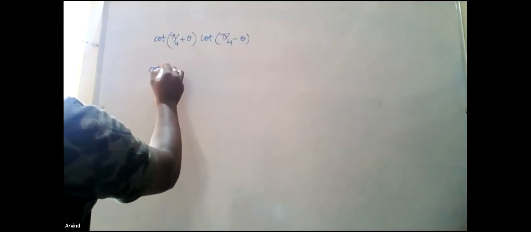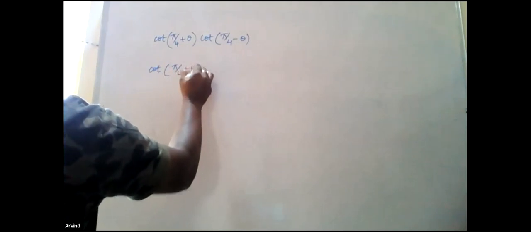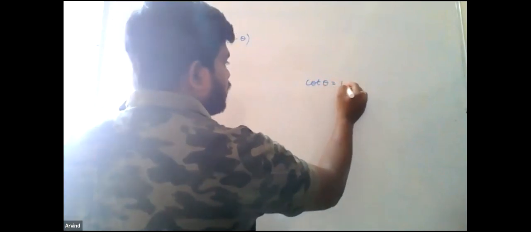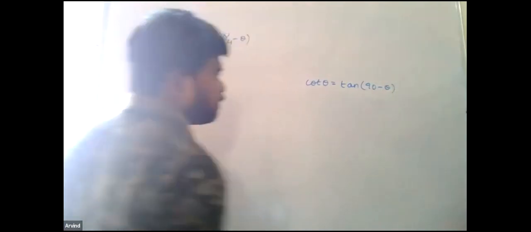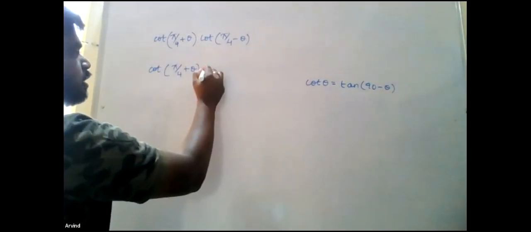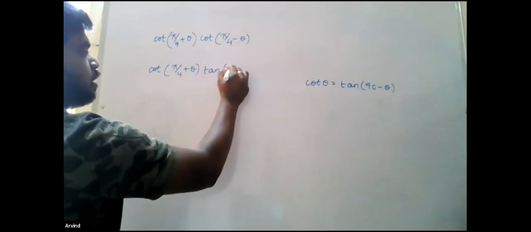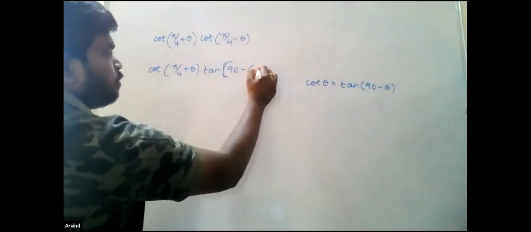Just convert it. Let's keep this cot as it is, cot of pi by 4 plus theta. And we know a formula that using complementary angles, cot theta can be written as tan of 90 minus theta. So I'll change this. Since two terms are there, I'll put a bracket.